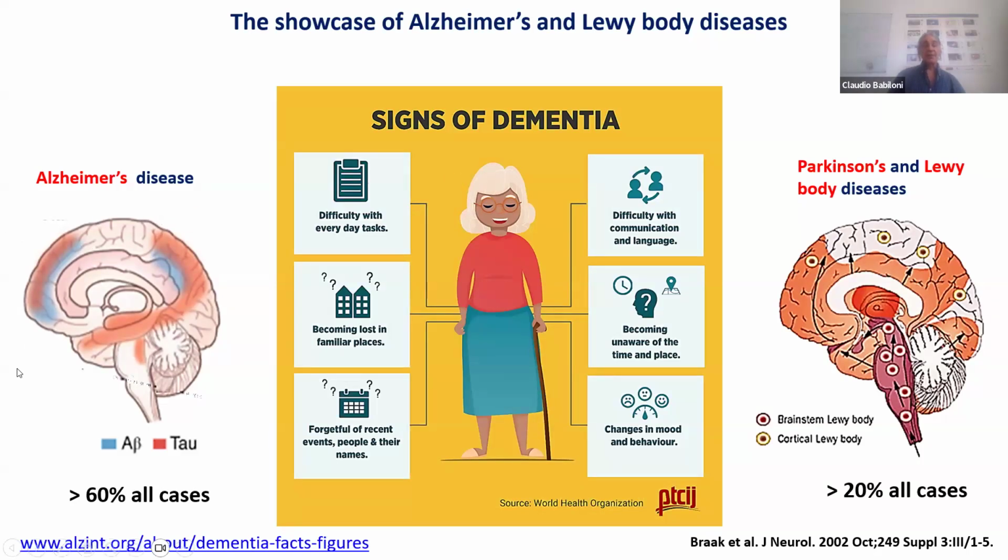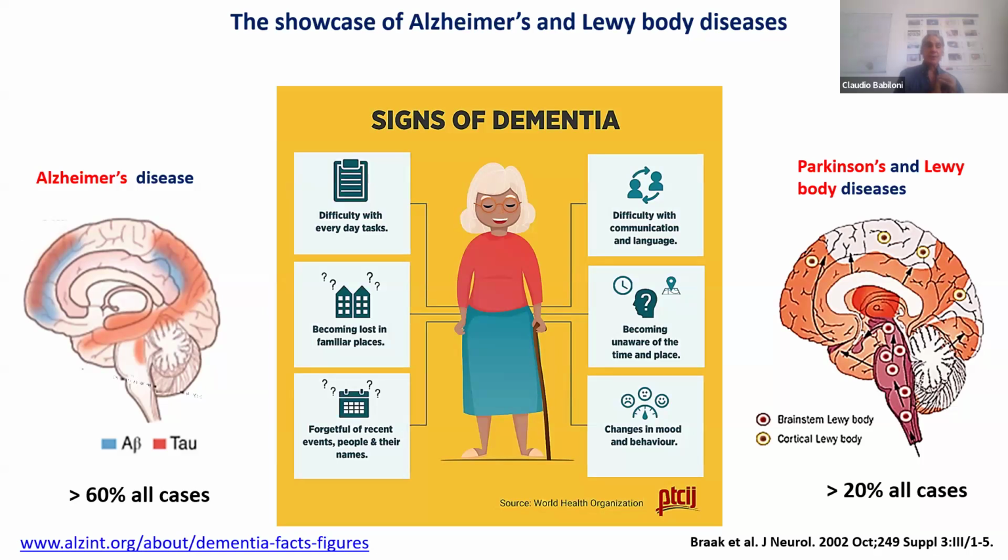The other protein responsible for Alzheimer's disease is the amyloid beta 42. And you see in blue that there is a large area in the frontal and a large area in the posterior cerebral cortex showing this accumulation of amyloid beta 42.